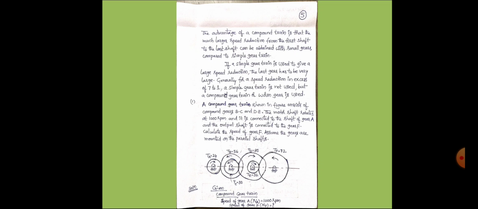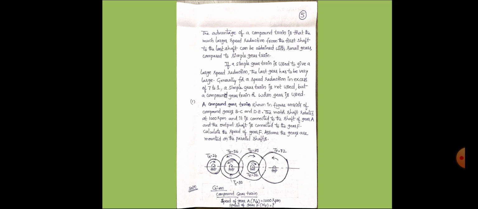Number of teeth on gear F, which is the output gear, that is TF is equal to 72. So teeth of all the gears in the given compound gear train are known, first point. Second point, speed of gear A, the first driver, NA, is known, which is equal to 1000 RPM. I should find the speed of gear F, which is connected to the output shaft.